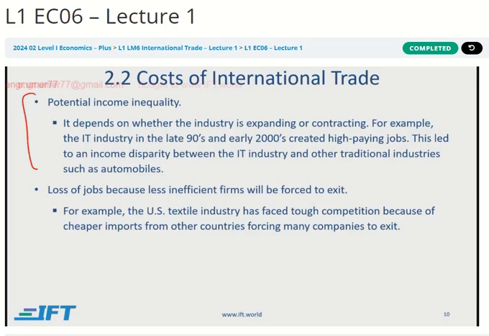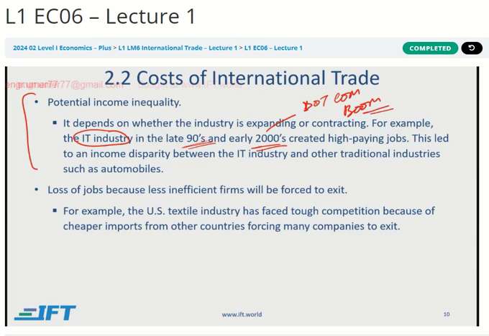Or if we take the example of the IT industry, when it picked up in the early 2000s, some of you might have heard of the dot-com boom, and then of course there was the dot-com bubble burst as well.